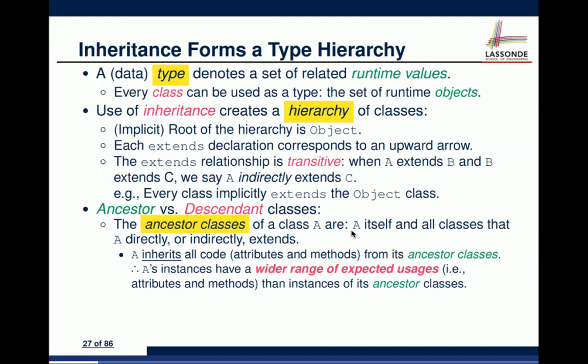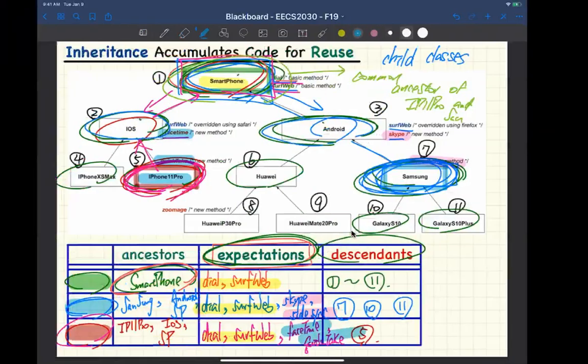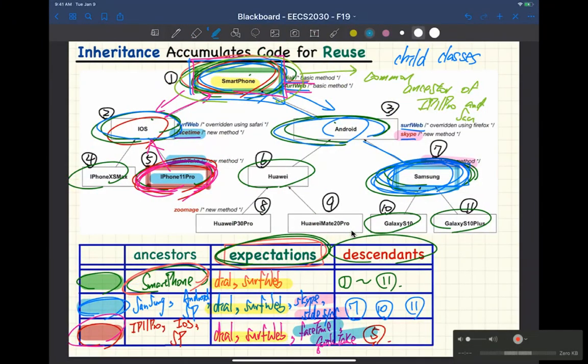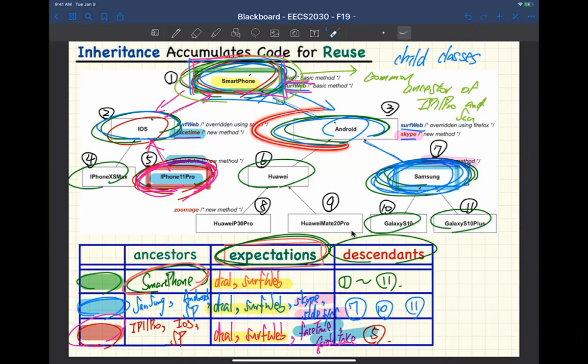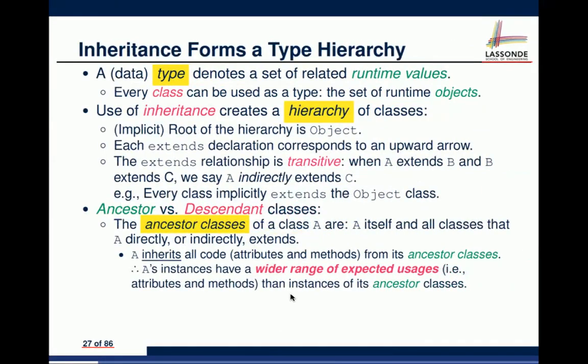So what I mean is, if you compare the expectation of Android versus smartphone, which one has more expectation? Android, because it's lower in the hierarchy, got more code. On the other hand, if you compare Android versus Samsung, which one has more methods you can call? Samsung, because now Samsung is lower in the hierarchy, so they got more methods for you to call. That's exactly the line I'm trying to say.